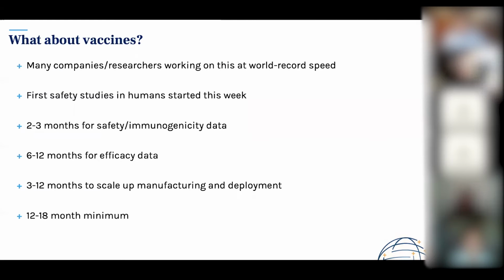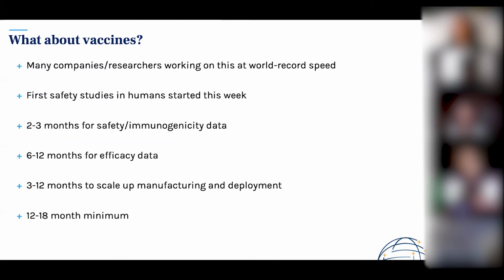Finally, vaccines. I've been involved in HIV vaccine development, and I've also been working with vaccine developers in India on some of their vaccines over the years. So I have a pretty good idea of how long it takes to develop a vaccine. I can tell you that this current effort to develop a COVID vaccine is working at world record speed.